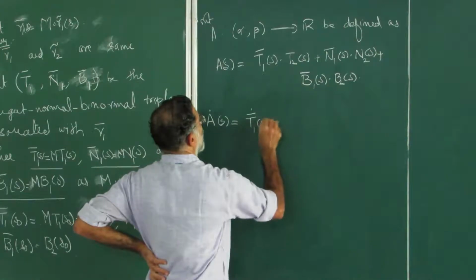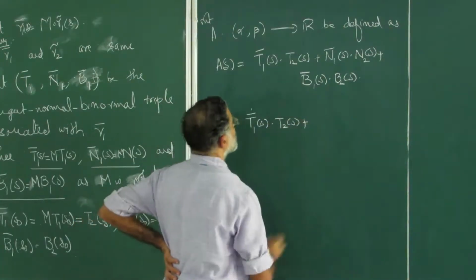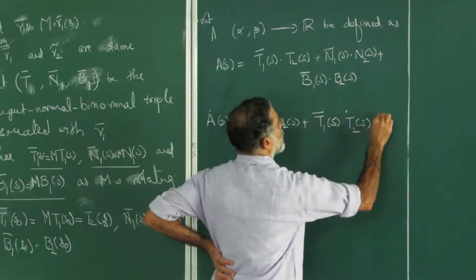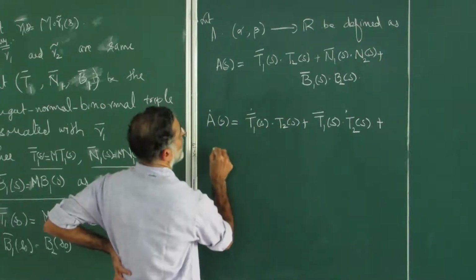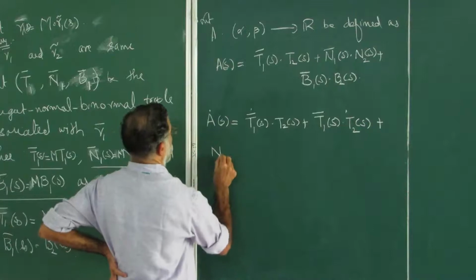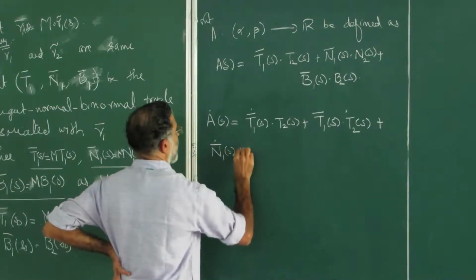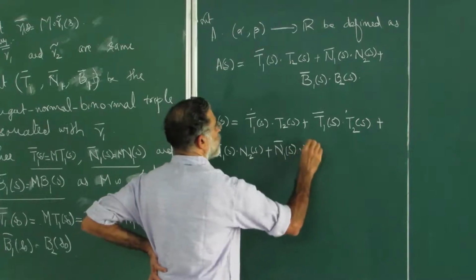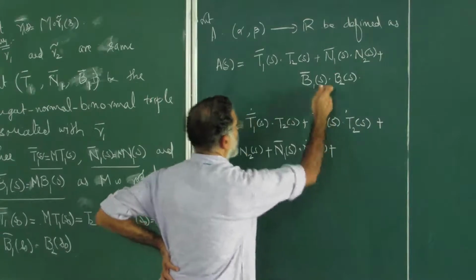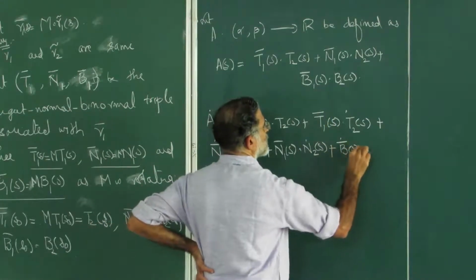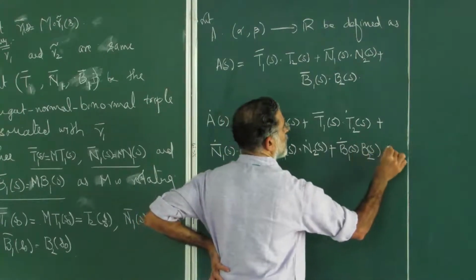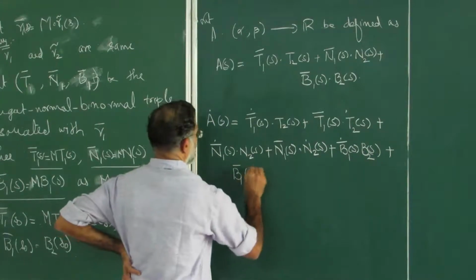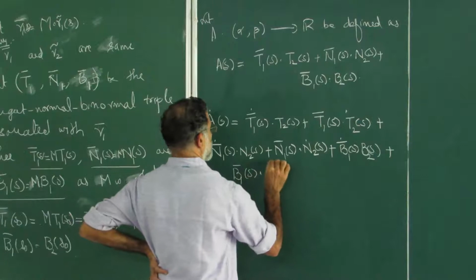So this is T1 bar dot s dot T2 s plus T1 bar s dot T2 dot s, plus, I don't have too much space, so I will come down here, N1 bar dot s dot N2 s plus N1 bar s dot N2 dot s, plus the last one, B1 bar dot s dot B2 s plus B1 bar s dot B2 dot s.